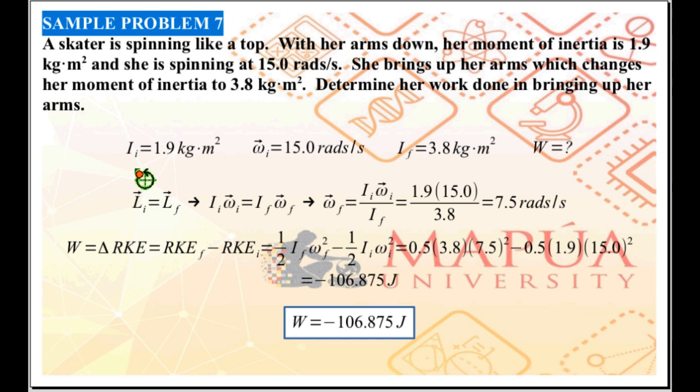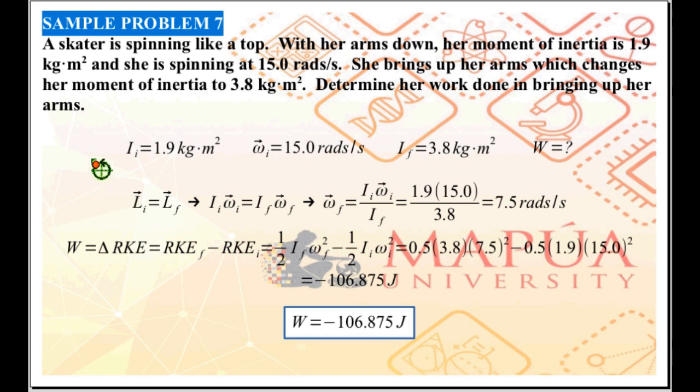We can use conservation of angular momentum to determine the final velocity of the object. There's no external influence applied on the skater. So initial angular momentum, L initial, is equal to final angular momentum, L final.